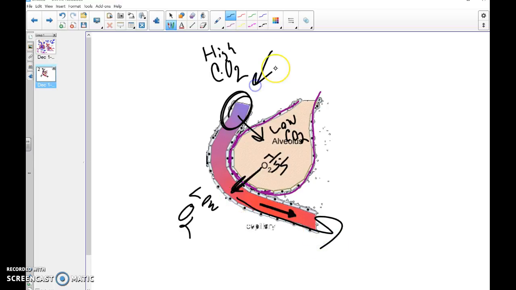And then new blood comes in. And the new blood has a lot of CO2. And so the CO2 dissolves into the alveoli, and the oxygen dissolves in. And this continues until you exhale and get rid of all the CO2. And then you inhale, and there's more carbon dioxide, and this process just continues over and over again.